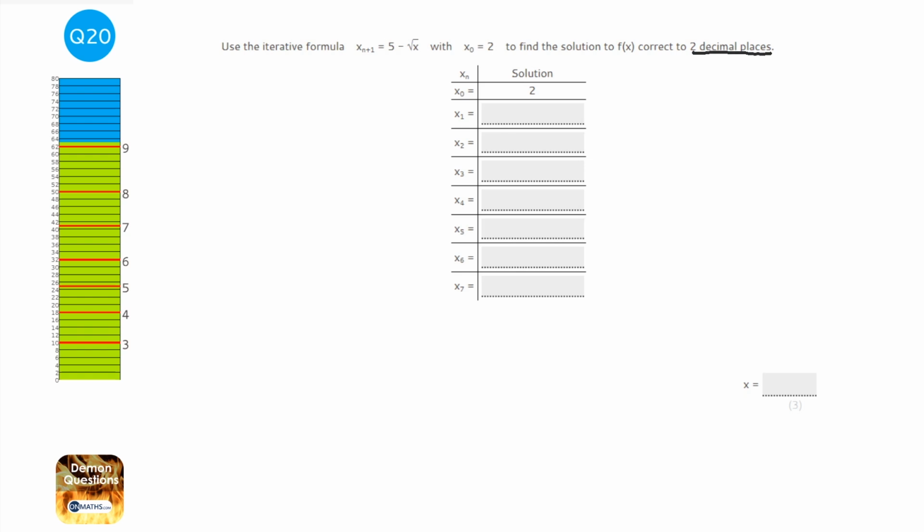So the formula is given here, and this is the only bit we need here, as well as this bit, the starting number. And in my calculator, I'm going to type in 5 minus... Well, actually, no, I'm not. I'm going to press 2 and then equals. And the reason for that is it tells my calculator to use 2 if I use the answer button.